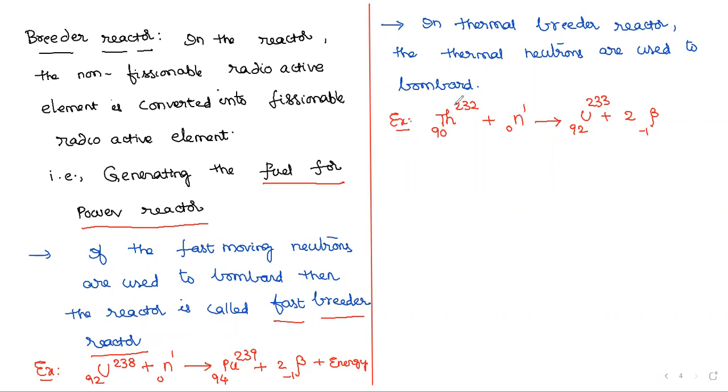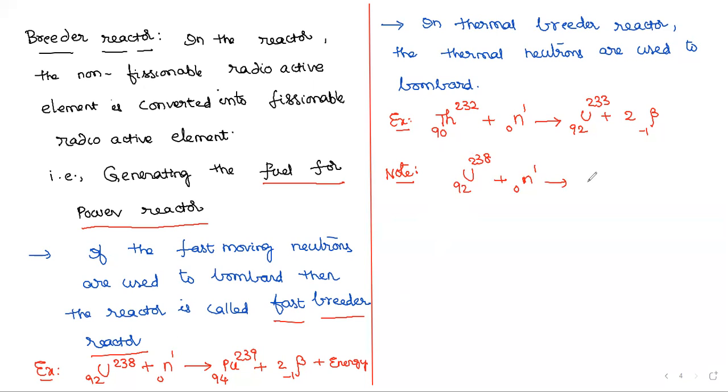And sometimes it is converted into uranium-235 also. Uranium-238 is bombarded with a fast neutron. Let me write it here. Uranium-92-238 is bombarded with one neutron, n(0,1).